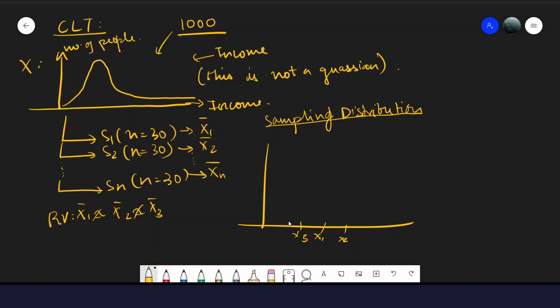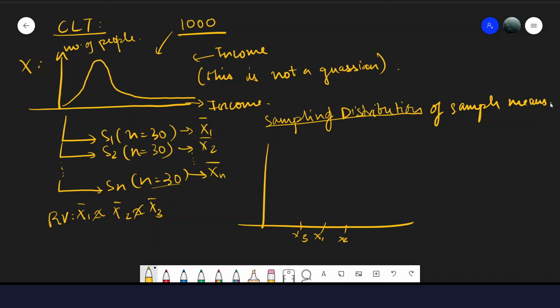That is called a sampling distribution. And because you make that sampling distribution from these samples that you've collected, S1, S2, S3, and the size of each sample is 30, the distribution that is formed is called the sampling distribution of sample means.